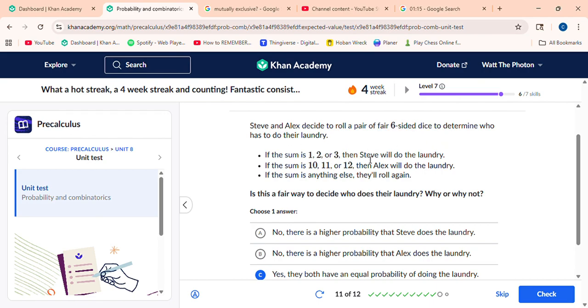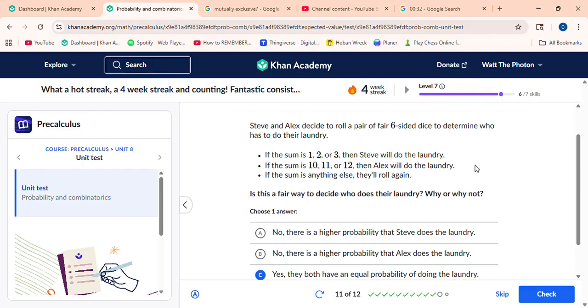A pair of 6-sided dice. If the sum is 1, 2, or 3. I think that's right. Steve and Alex decide to roll a fair 6-sided die to determine who does the laundry. Is this a fair way to decide? Why or why not? 1, 2.